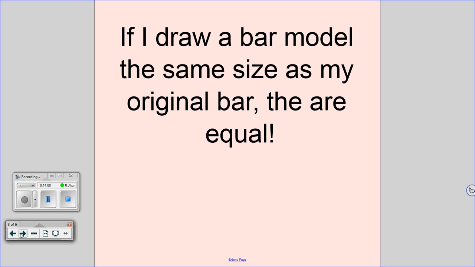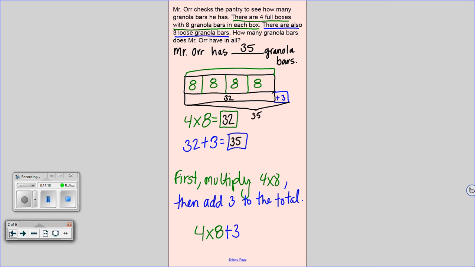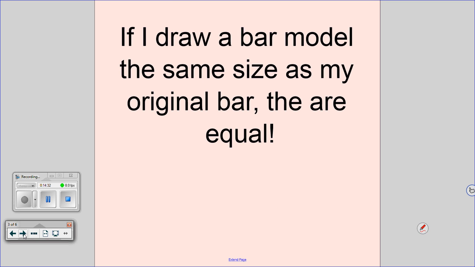It can be on the next blank page, or above one of these questions. What I'm talking about, I drew one bar, and then my second bar was the exact same size. Because they are the same size, that means they are equal. All right, get this in your notebook, please.